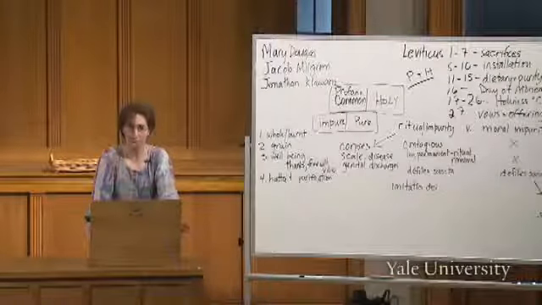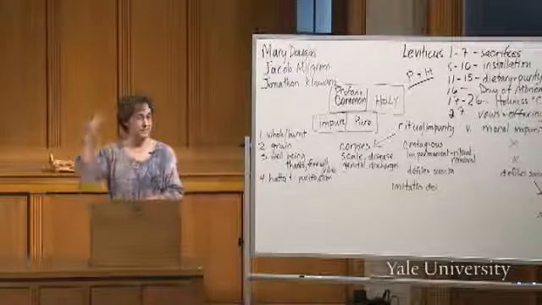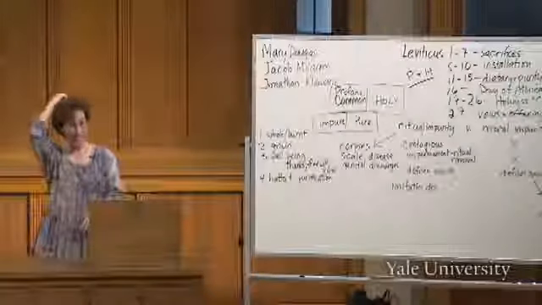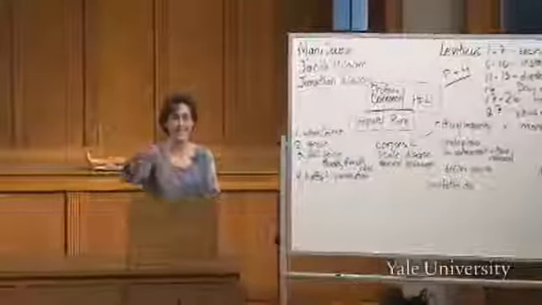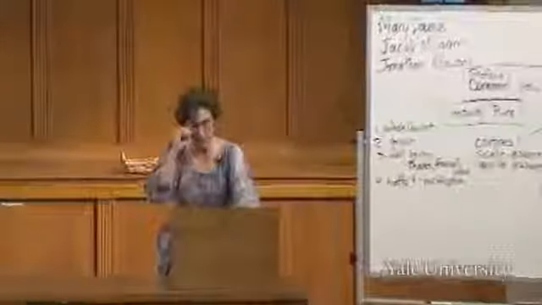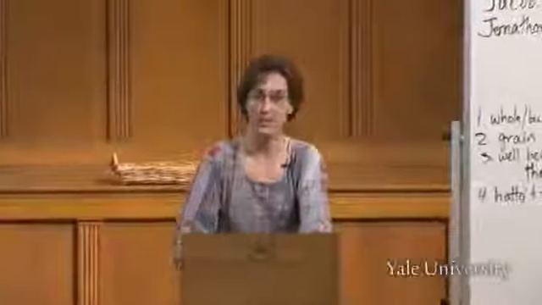So Klawans notes in the article you read that the physical substances and states that are labeled impure, and are therefore designated as antithetical to the realm of holiness, are states that are associated with death on the one hand and procreation on the other. Why should this be? The priestly conception of God, you will recall, is of an immortal and asexual being.